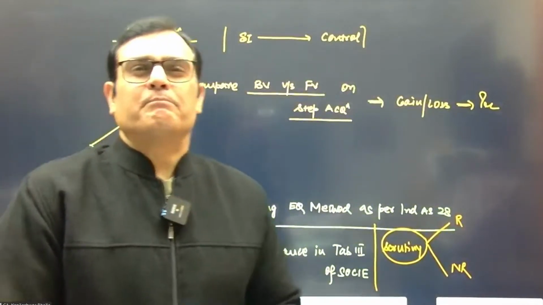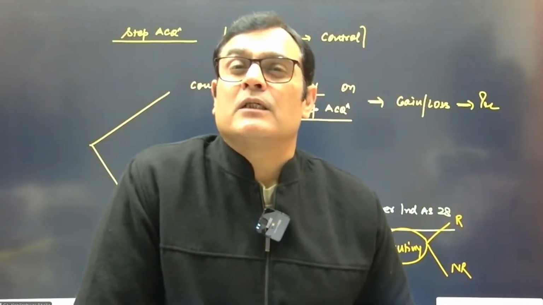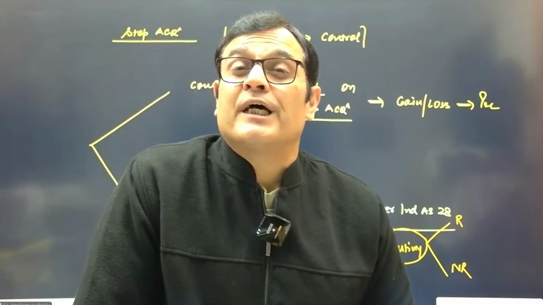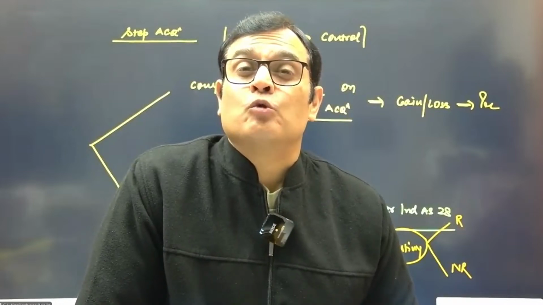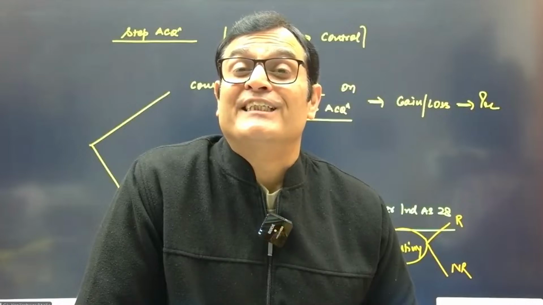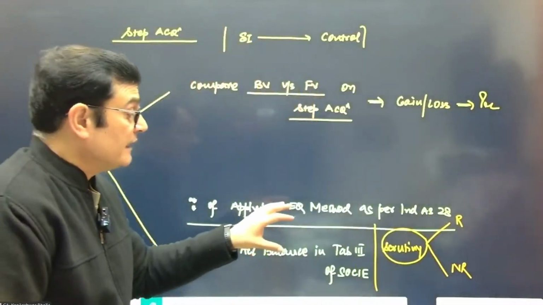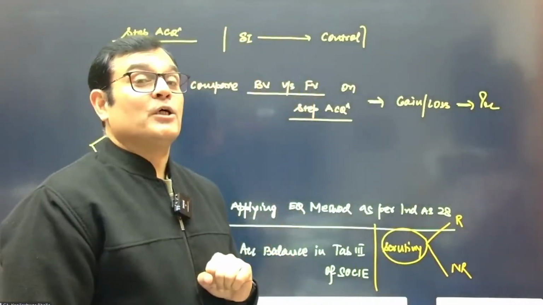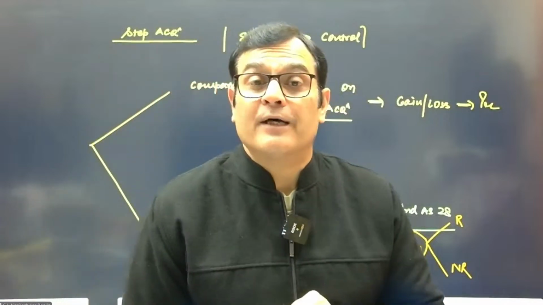Remember, in case of passive investment, the accumulated balance was OCI NR. Therefore, scrutiny was not required and that was taken to tab 2 directly. But in this particular case, the accumulated balances will be a combination of R plus NR.